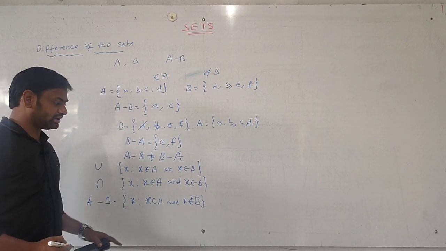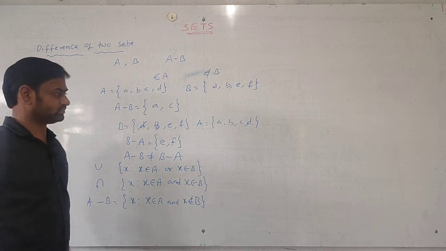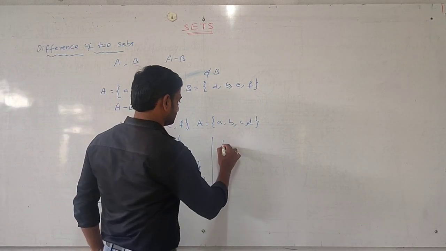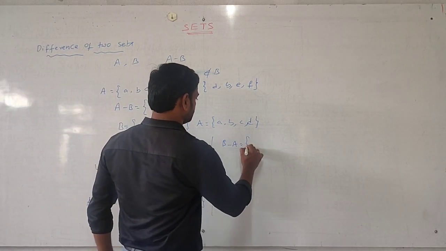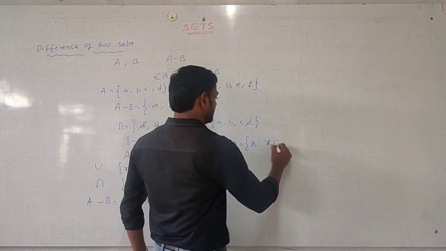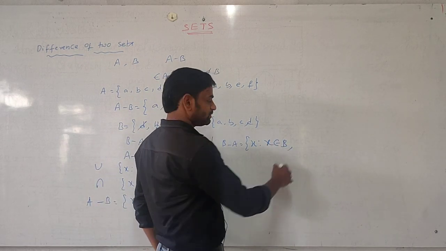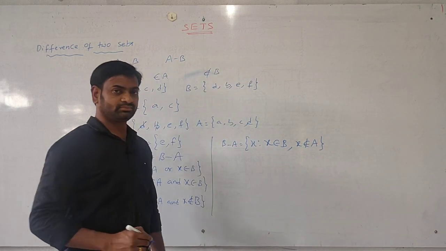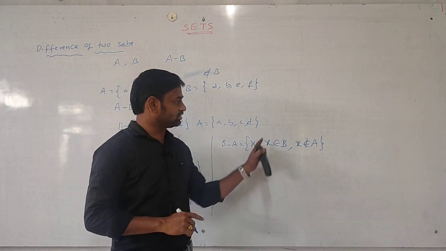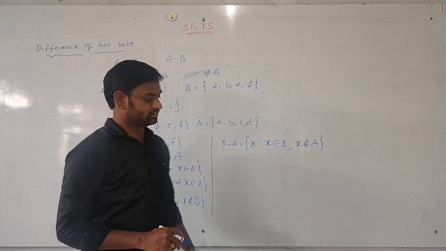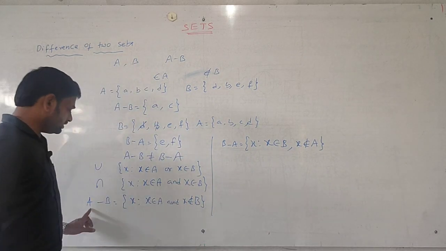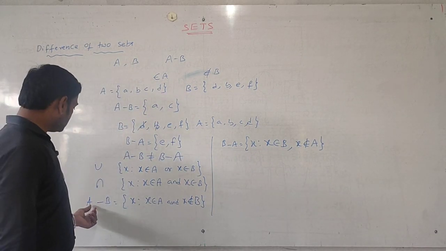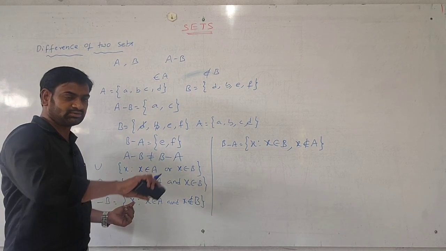X belongs to A and X does not belong to B. Suppose you take B minus A: X such that X belongs to B, X does not belong to A. Simple. Here A minus B means from A we have to eliminate B's elements.